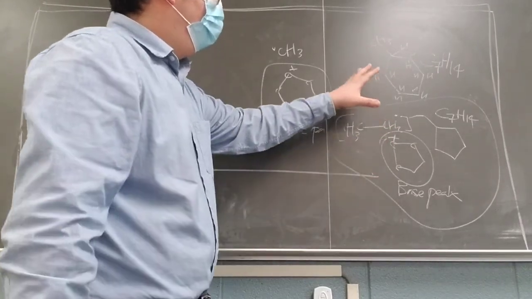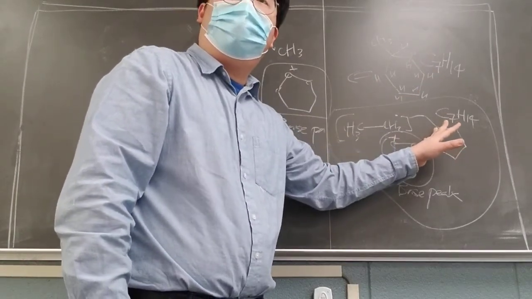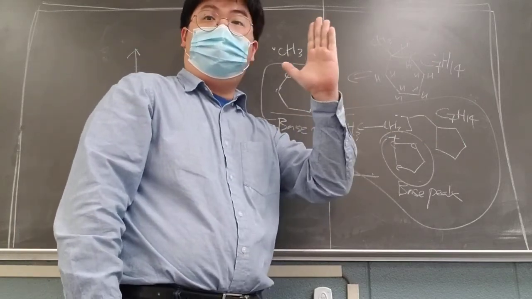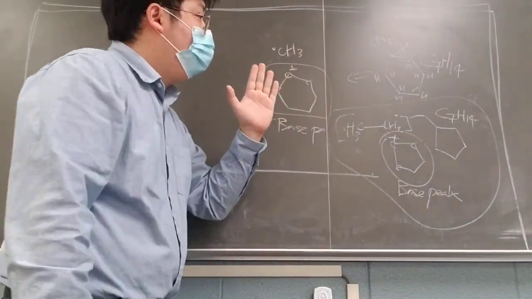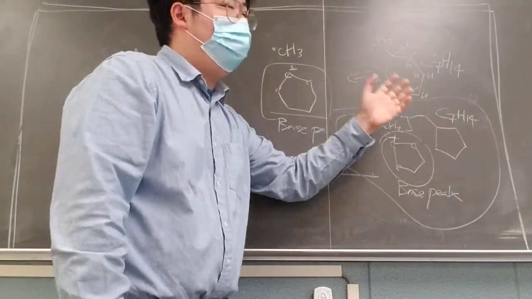So even though you're going to see the same number for the molecular ion peak or parent peak, you're going to see different numbers for the base peak. So when you look for that base peak, you can identify which compound it is for that graph.